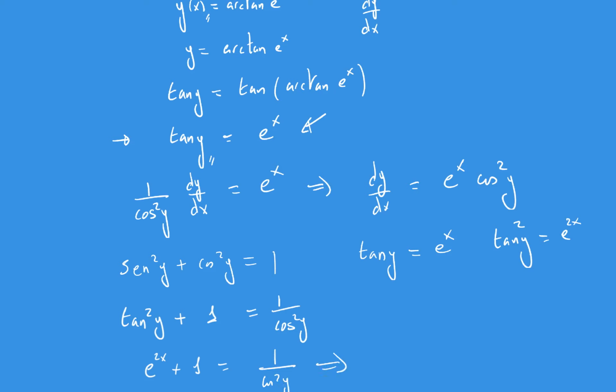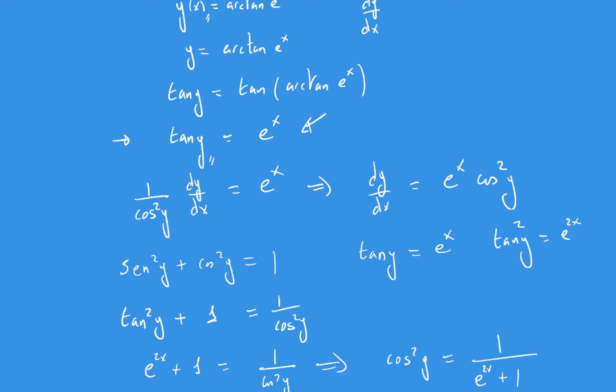And this allows me to find cosine square of y, which is the one that I need to plug in here. So cosine square of y is 1 divided by e to the 2x plus 1.